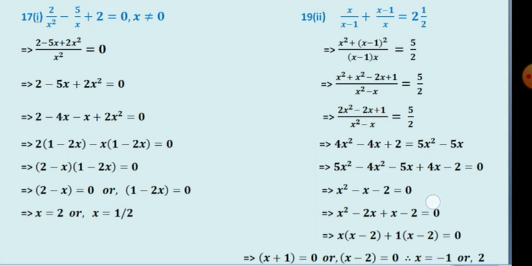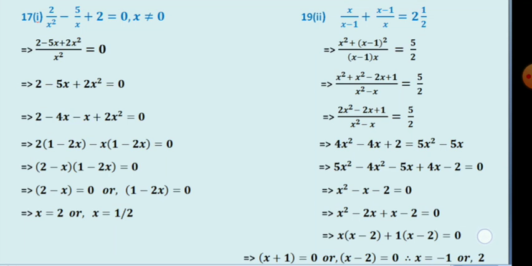Again we are having 3 terms, so we have to find the product of the first and third term, which is minus 2, and factorize it. So we can write it as minus 2 into 1, that is minus 2, and minus 2 plus 1 will give us minus x. So here we have written it as x squared minus 2x plus x minus 2 equals 0.